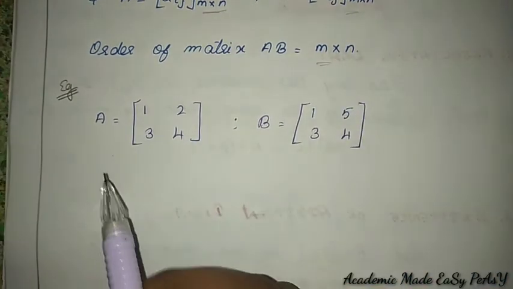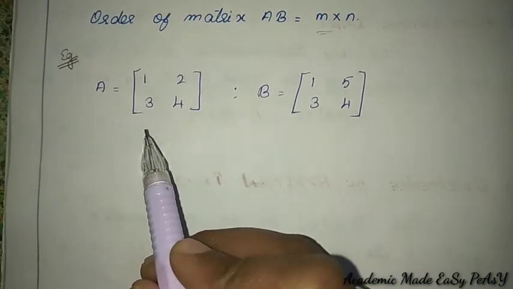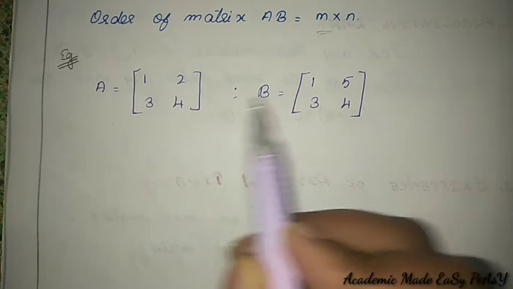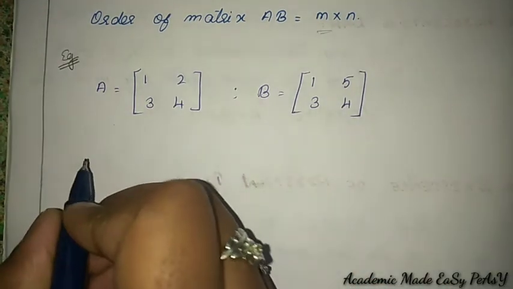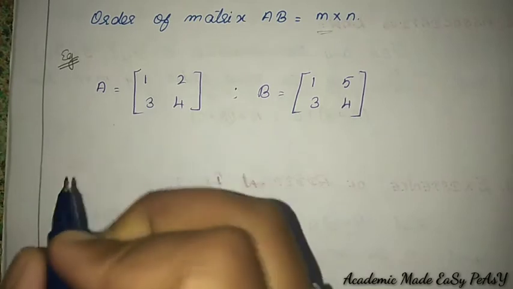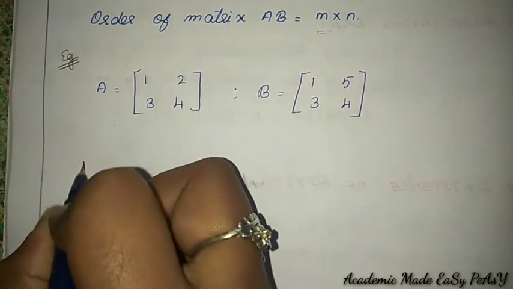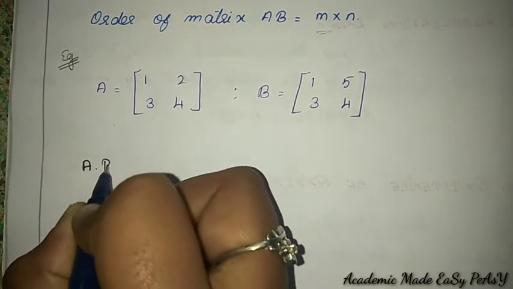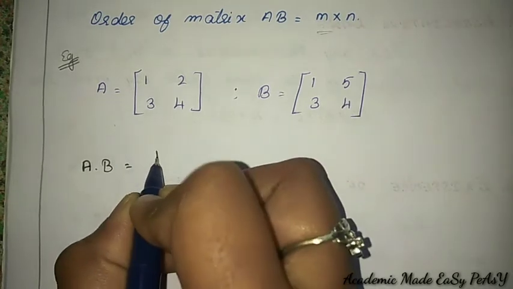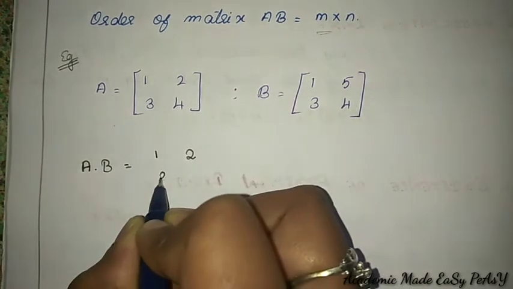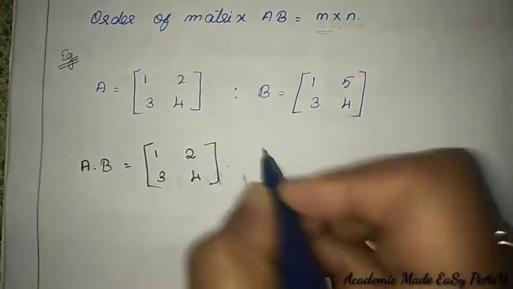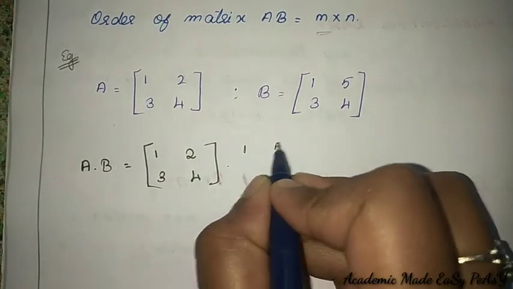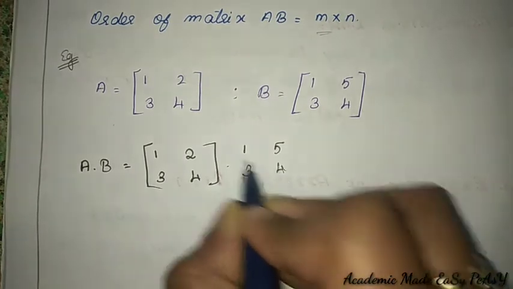So now let's see with an example. I have given the example A is equal to 1, 2, 3, 4 and B is equal to 1, 3, 5, 4. So now let me teach you how to do multiplication. It will be A into B is equal to 1, 2, 3, 4 into 1, 5, 3, 4.